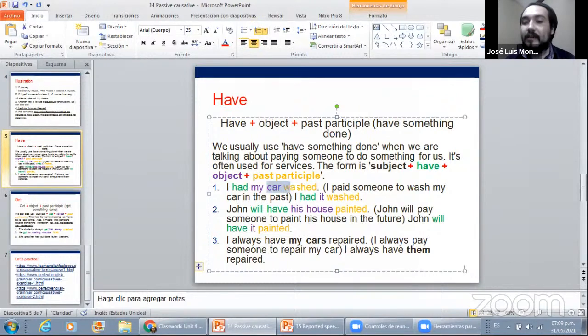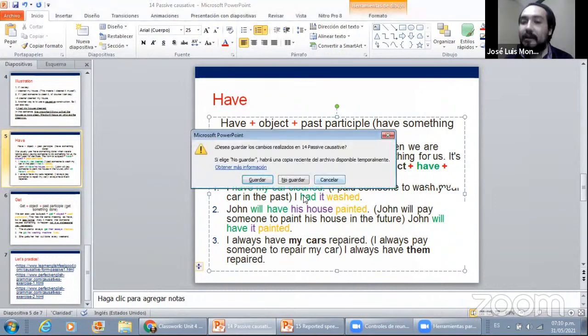Because if you say, and this is to finish, I have a car, that is not passive causative, that is possession. You have a car. If you say, I have cleaned a car, it means that you cleaned a car. But if you say, I have my car cleaned, that is passive causative. It means that someone else cleaned the car for you.